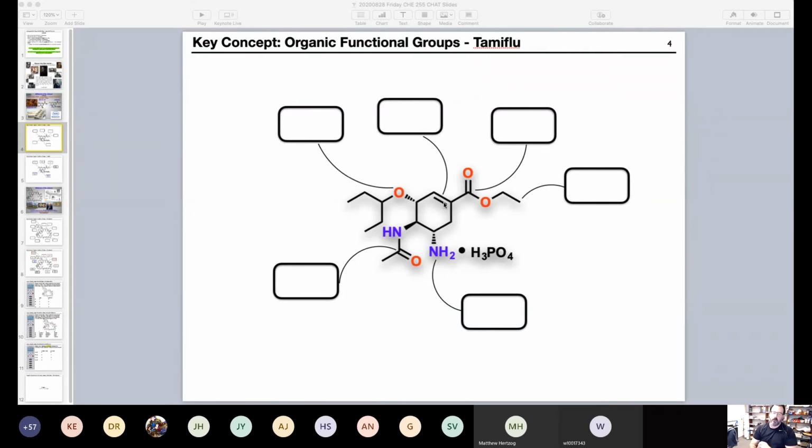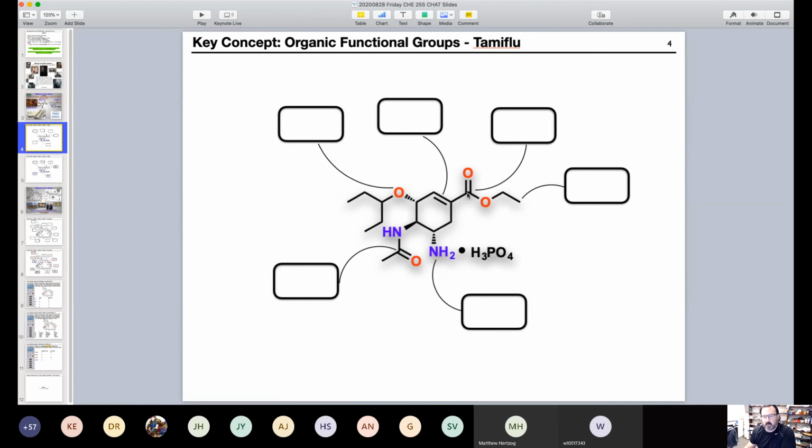So again, what we are doing in Module 1 is we're learning how to communicate structure. So when I tell you the alkene of Tamiflu undergoes this transformation, in your mind, you should be picturing a carbon-carbon double bond when you hear the word alkene.